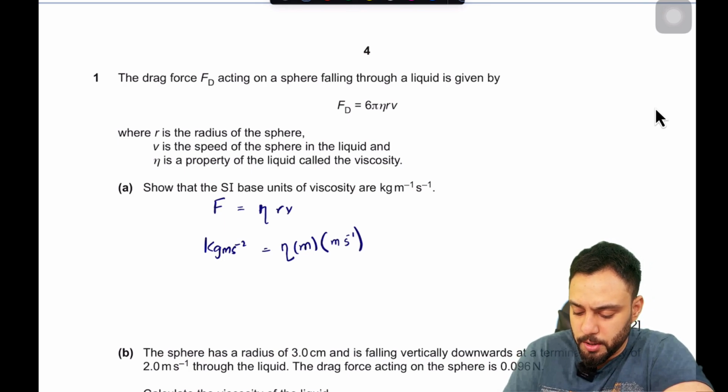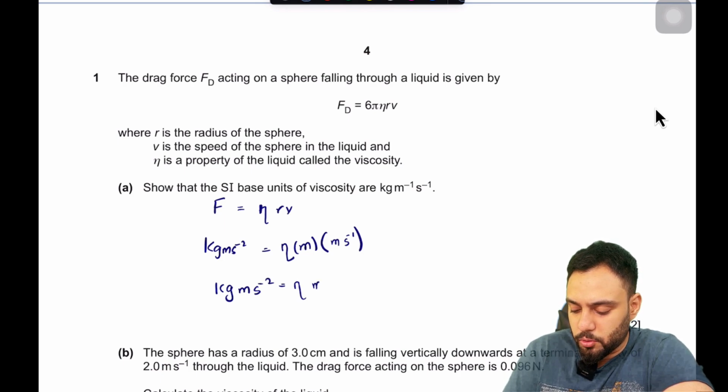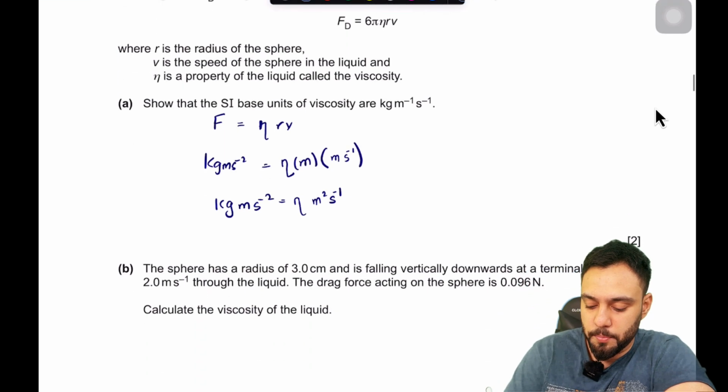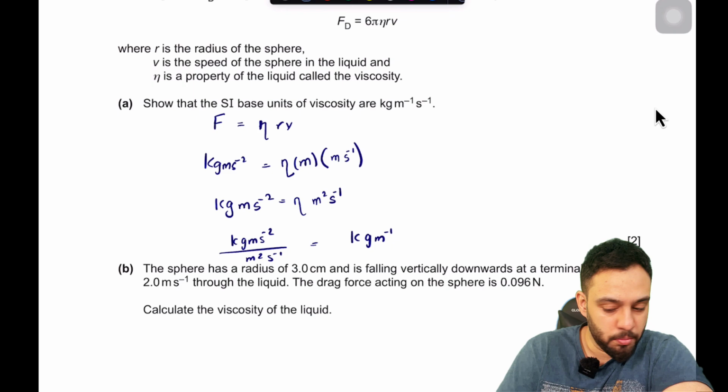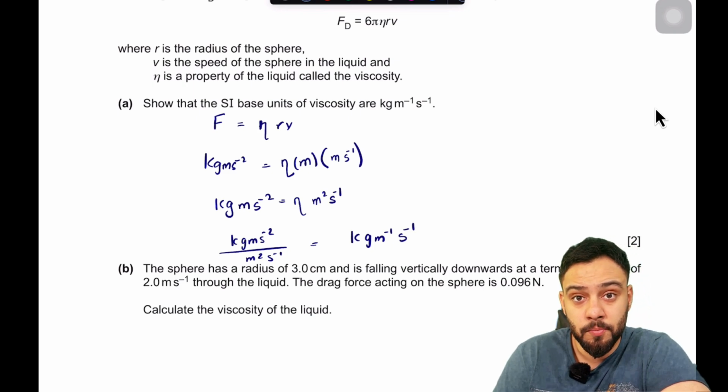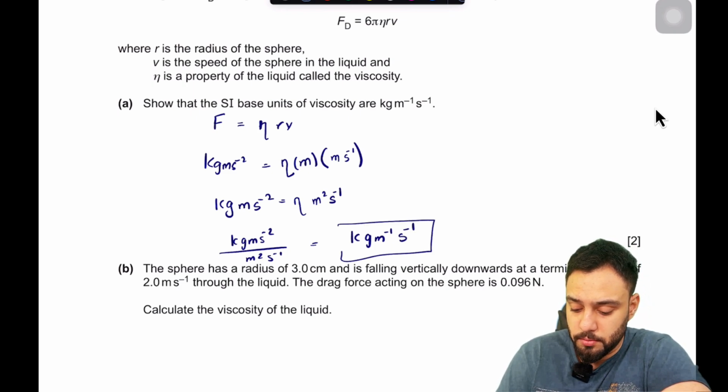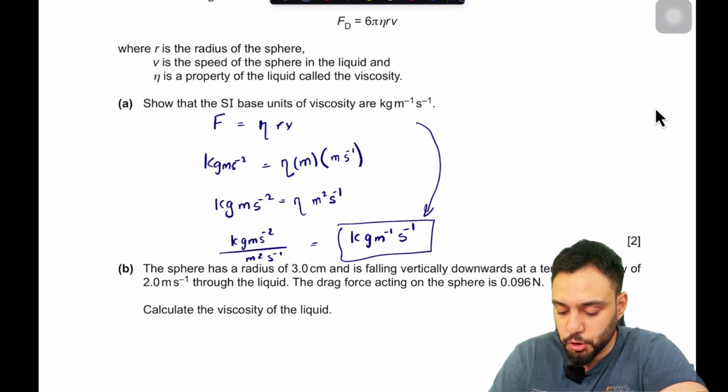So kg m s^-2 equals the units of eta times m squared s^-1. Just divide that, so you get kg m s^-2 over m^2 s^-1. You end up getting kg m^-1 s^-1. That's what you're supposed to show here.